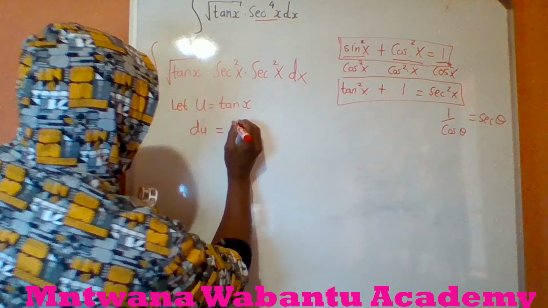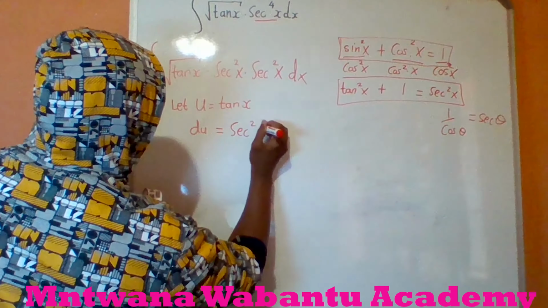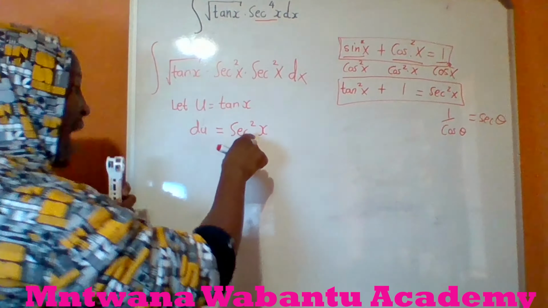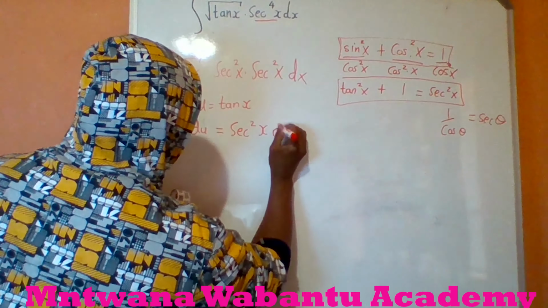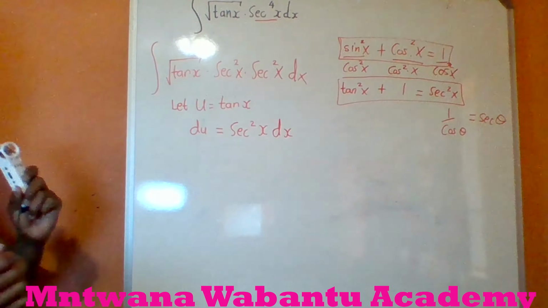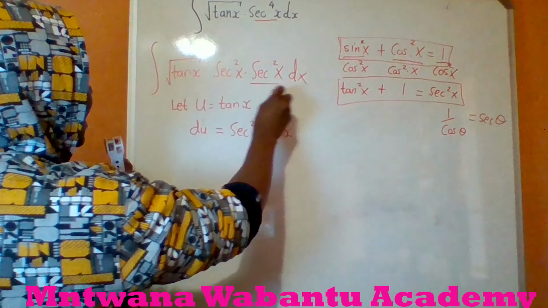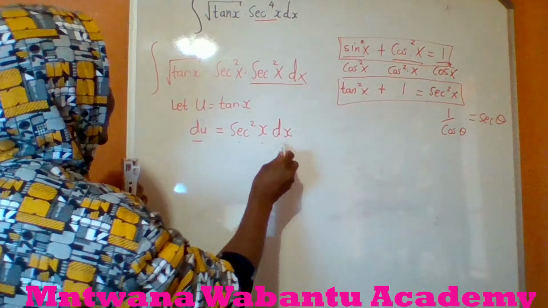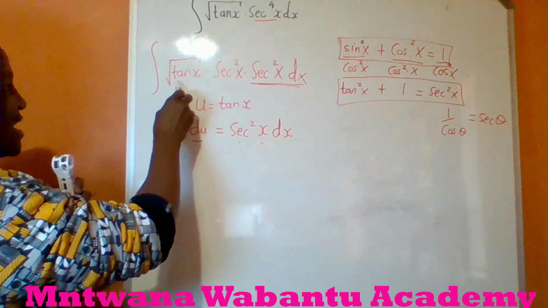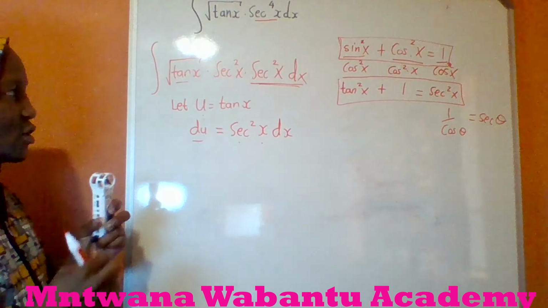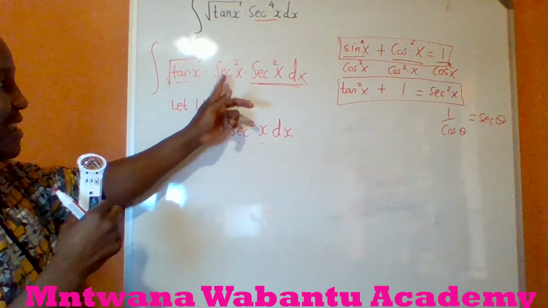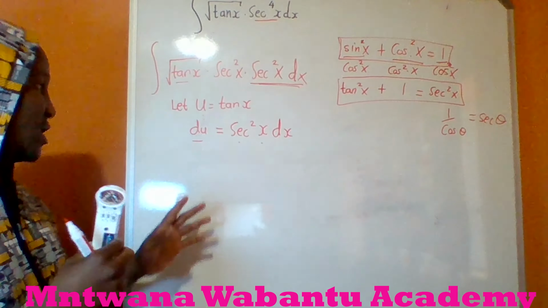So this is going to give me sec square of angle, but since I differentiate x, it has to be dx. Okay, so next step here. This means du, because sec square dx equal to du, and this tan equal to u. So I also need to write this sec square into u as well, just like the others.